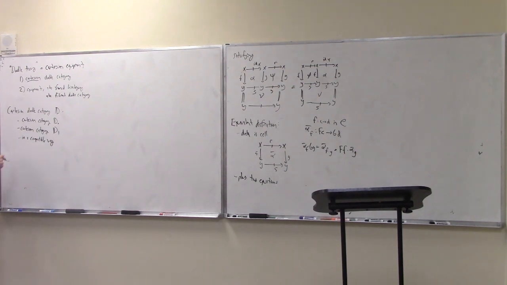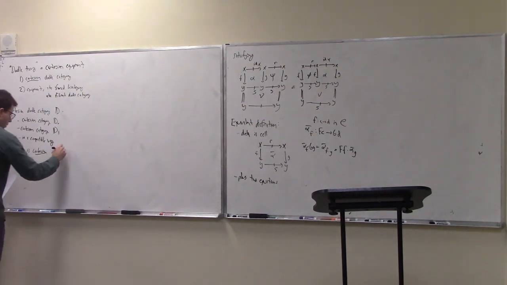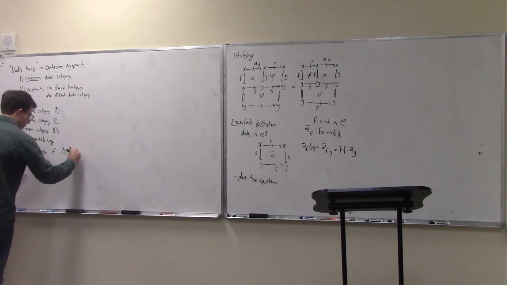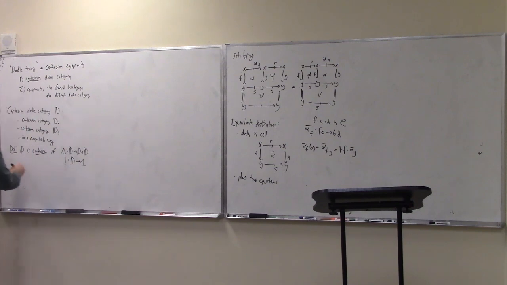So D is Cartesian if the diagonal double functor and the terminal one have right adjoints in the 2-category of double categories, of pseudo-double categories, pseudo-double functors, and vertical transformations, which I'll just call natural transformations, double functors.